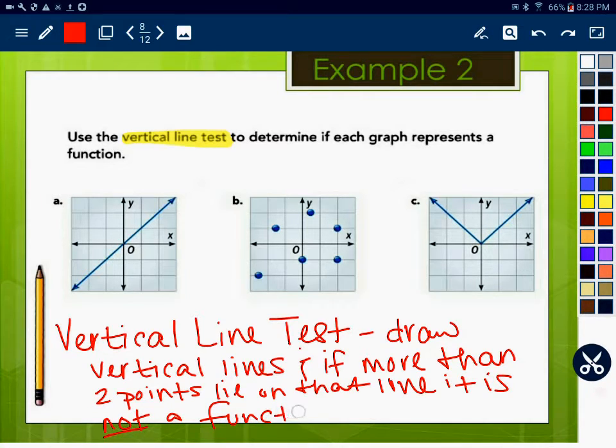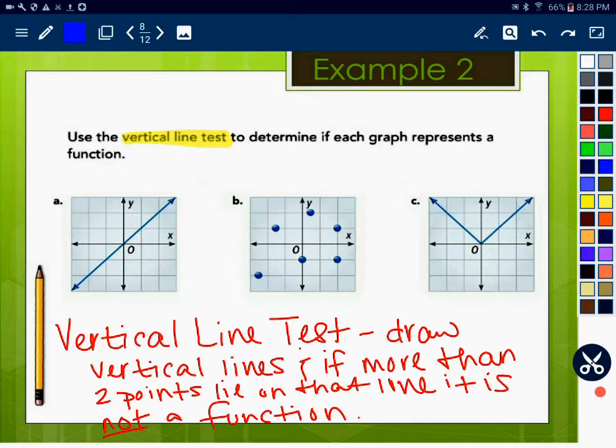Because a vertical line is essentially all the same input with multiple outputs. So anything that is vertical is not a function. So we're really looking for points that are vertical of each other, not horizontal of each other, any points that are vertical of each other.